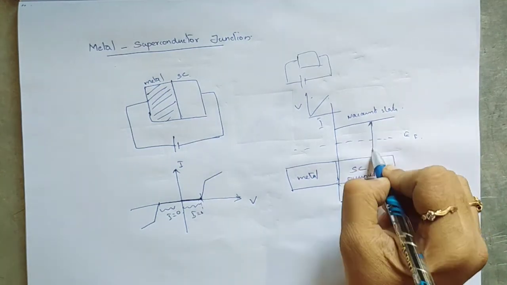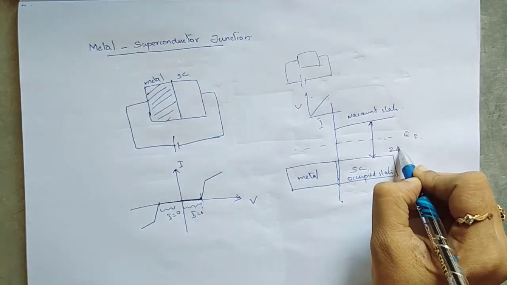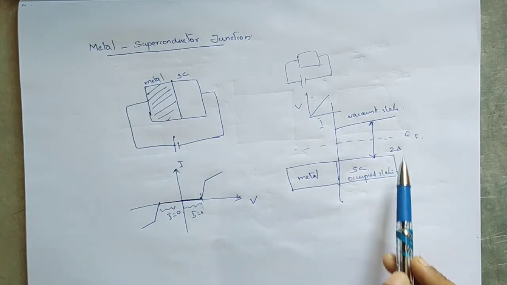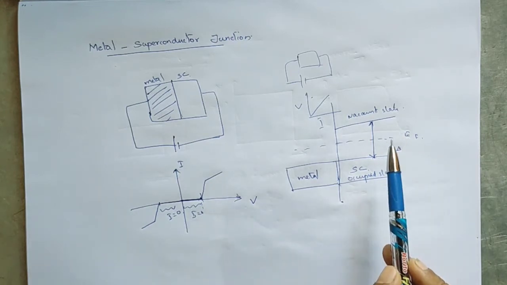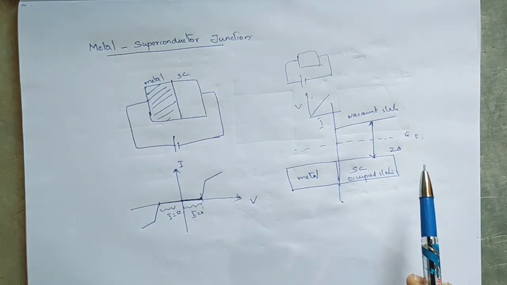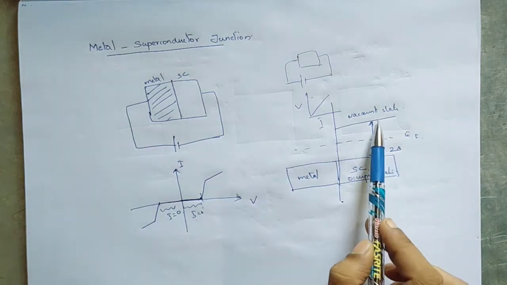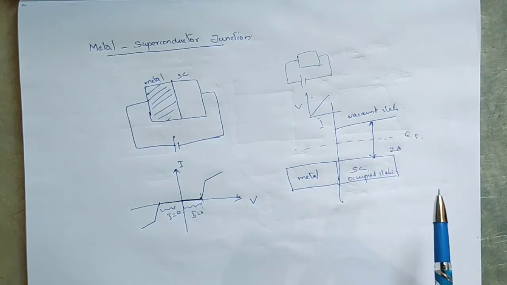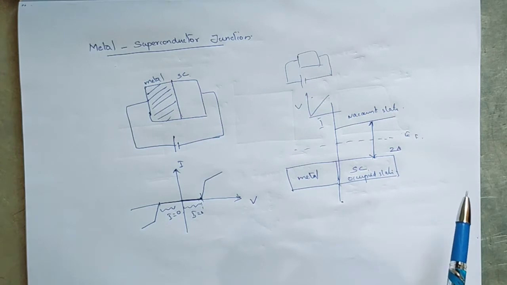This is the band gap, that is 2 delta. In the case of the superconductor, there are no single electron states available. So in this band gap, 2 delta around the Fermi level, there is no possibility of individual electrons.